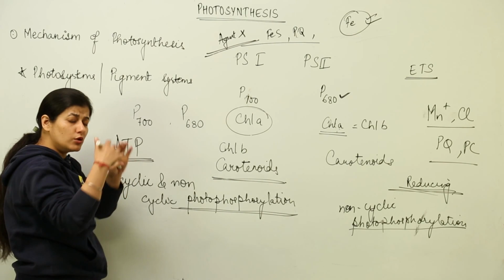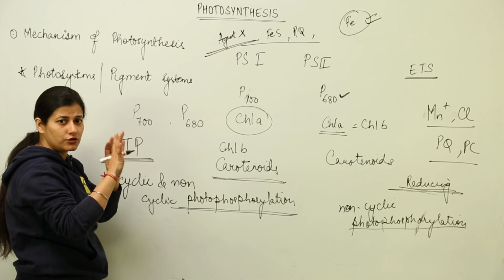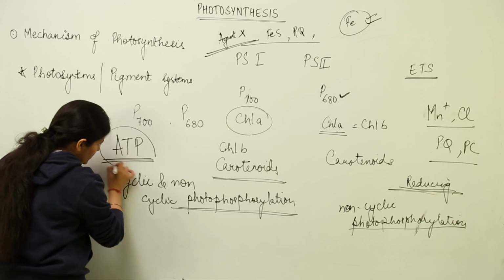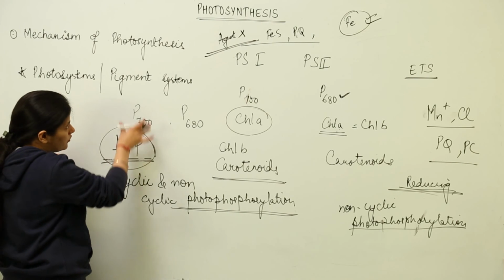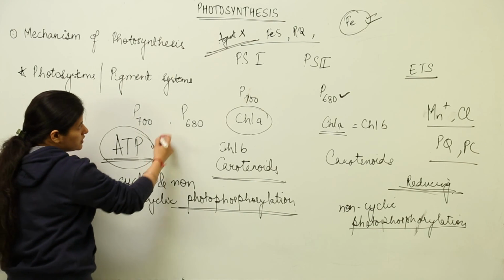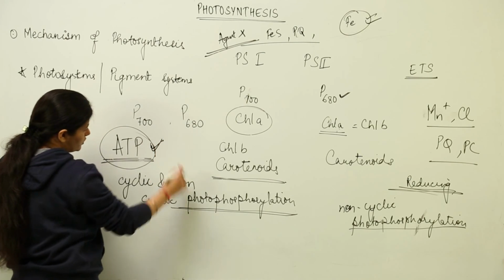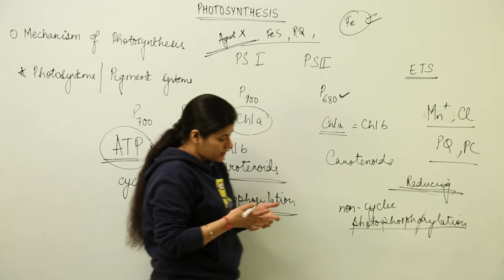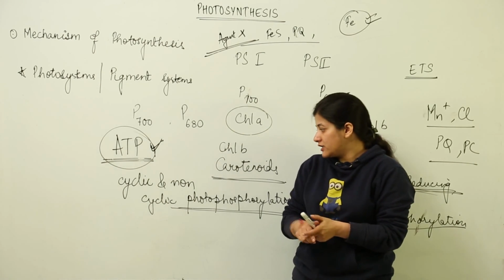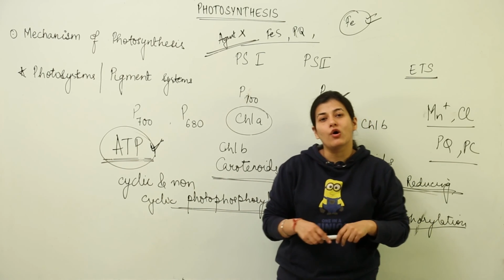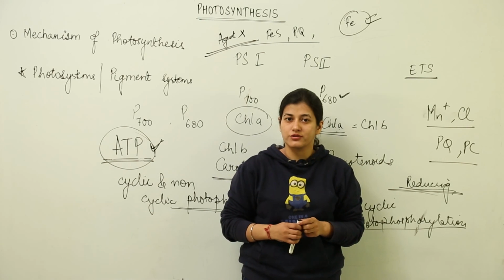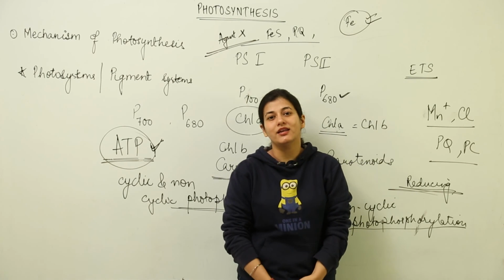Though we are quite far off from formation of glucose, one thing has come into our scenario, that is the formation of ATP is going to take place from the unit that we have studied. So this photosystem would be involved in the formation of ATP. How would it take place? For that we have to study the cyclic and non-cyclic photophosphorylation processes which are part of the photochemical phase of photosynthesis, that we study in the next lessons.